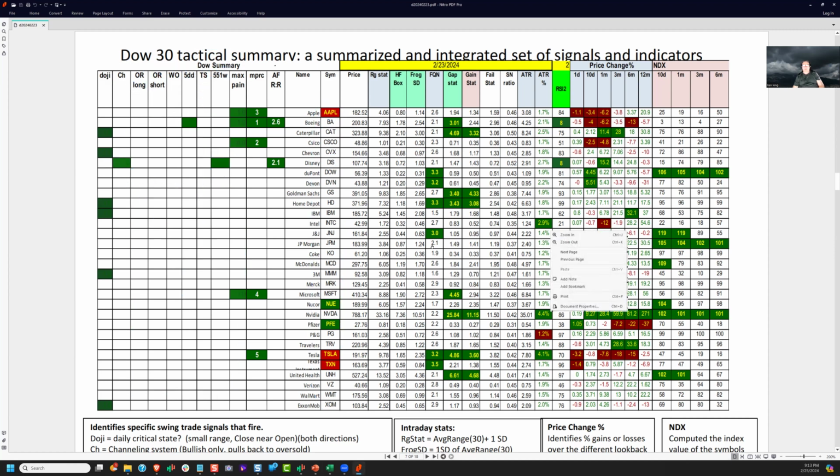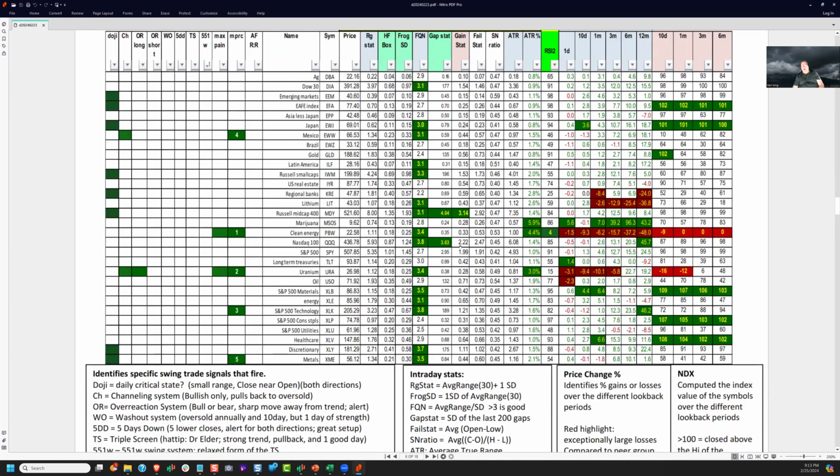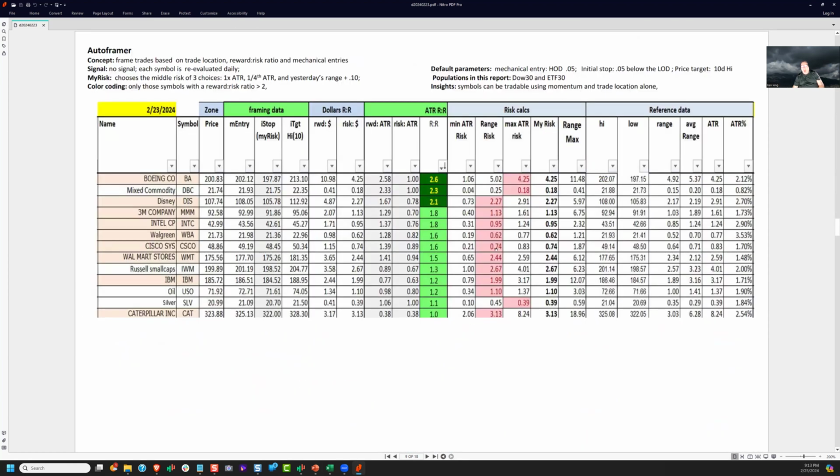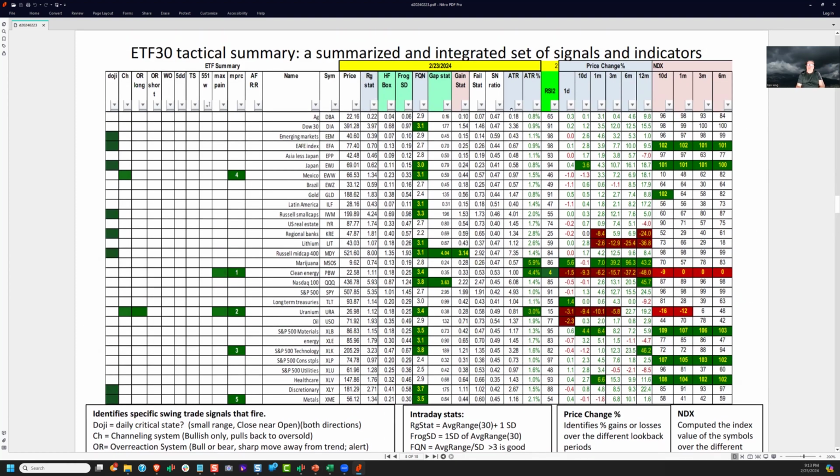And then similarly, the ETFs give you the same indications. Channeling, overreaction long and short, washout, 5DD, triple screen, 551W.